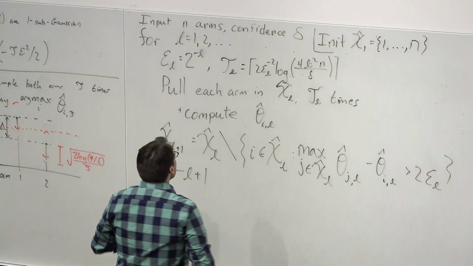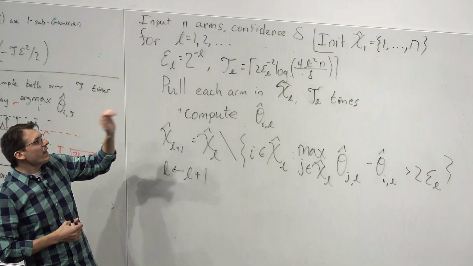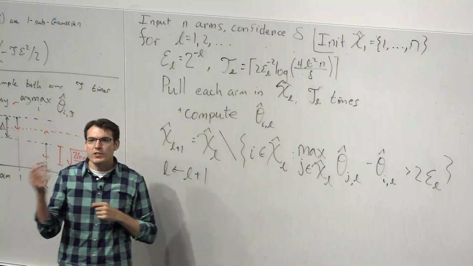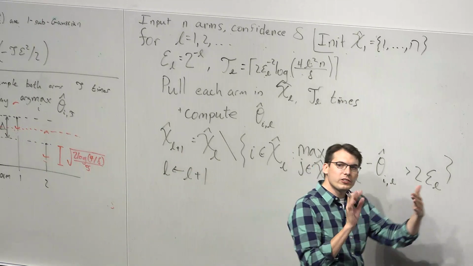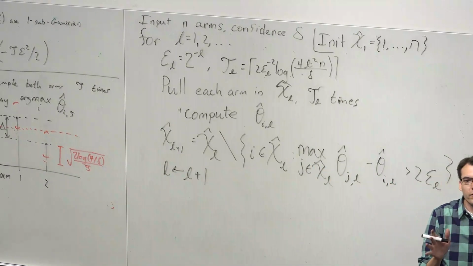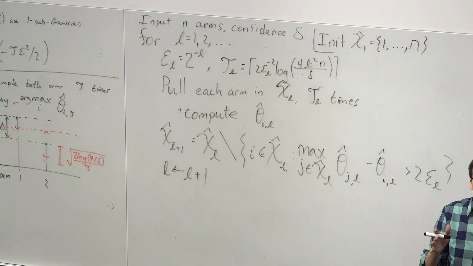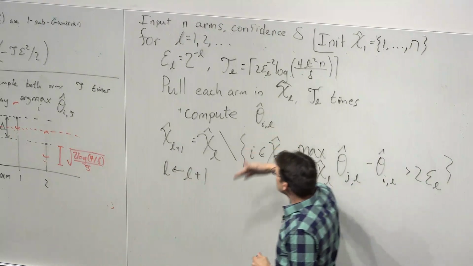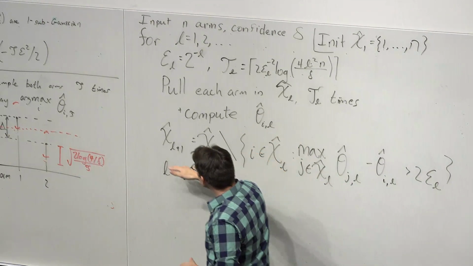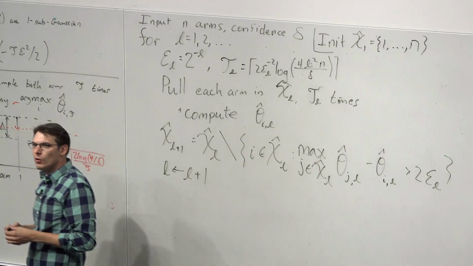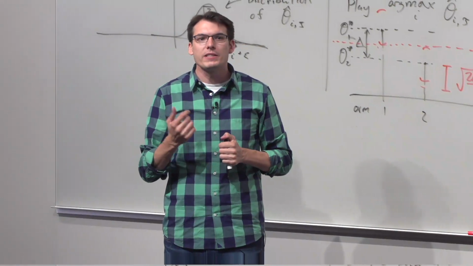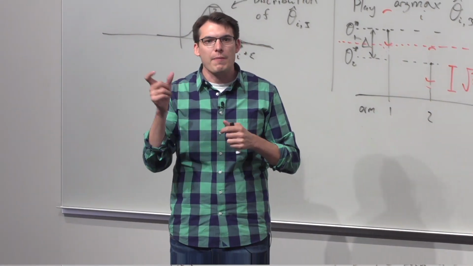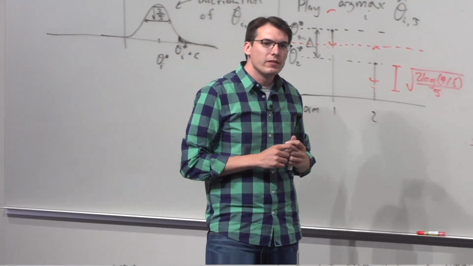And so the way we're picking this epsilon L and this tau L is we're measuring every arm that exists in x hat L enough times so that its confidence interval is on the order of epsilon L, within a constant factor. What this allows us to do is prove that at each round, every arm that remains in x hat L has a gap of about 2 to the minus L, or epsilon L.